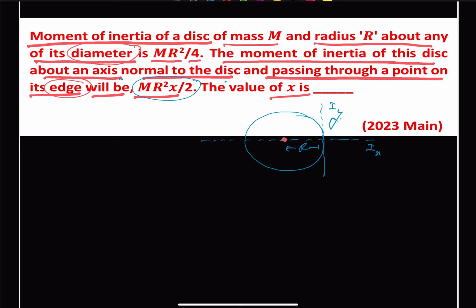So let us draw an axis which is parallel to Iy. This is the axis which passes through the center and is parallel to Iy. Let us suppose this is center O and this axis is our CM. So in this case, this Ix is perpendicular to our CM.